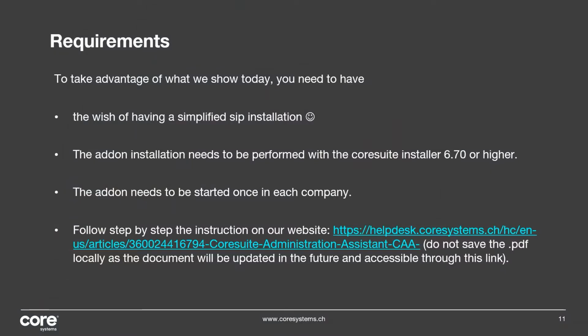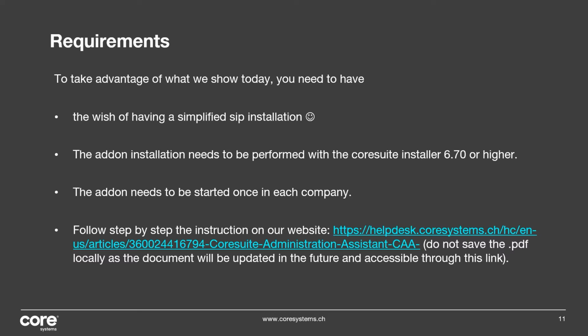Coming to the requirements, to take advantage of what you see today, you need to have, first of all, the wish of having a simplified SIP installation, else you can keep the process like it is. But as we heard on the market, there is also a request to have that simplified, and we hope we can provide that.